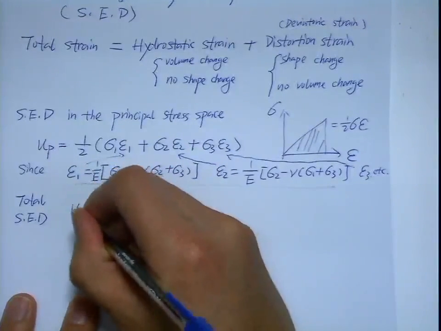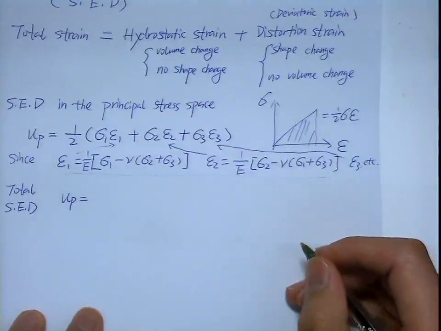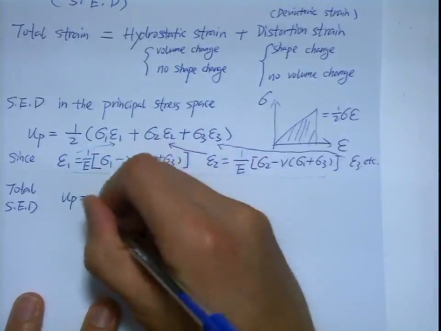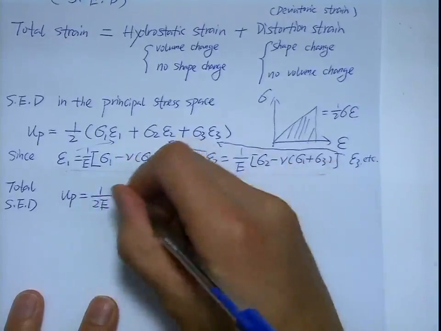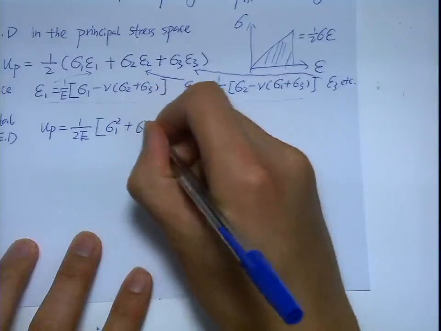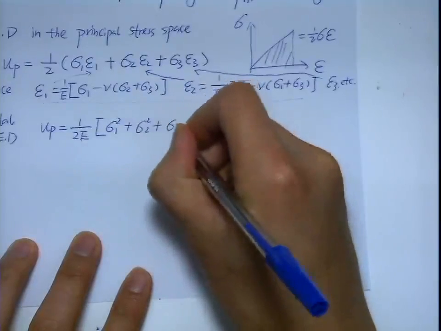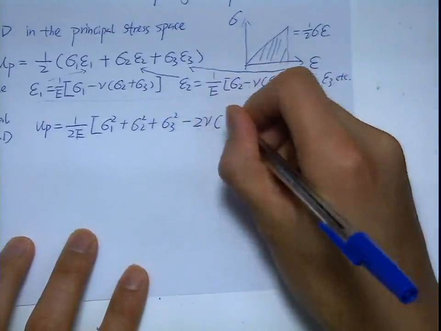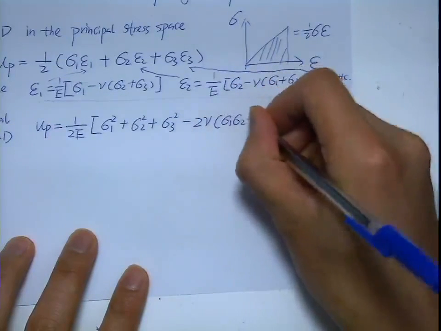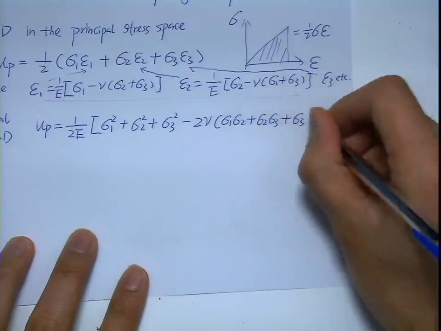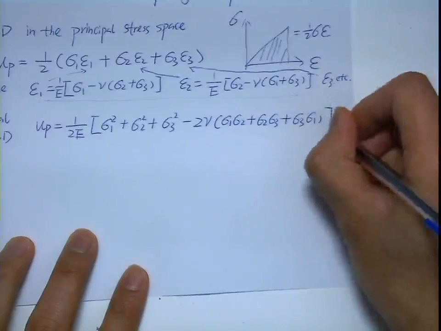So U will give you the result: minus 2 mu times sigma 1 sigma 2 plus sigma 2 sigma 3 plus sigma 3 sigma 1. Okay?